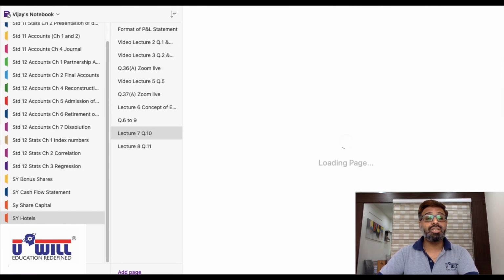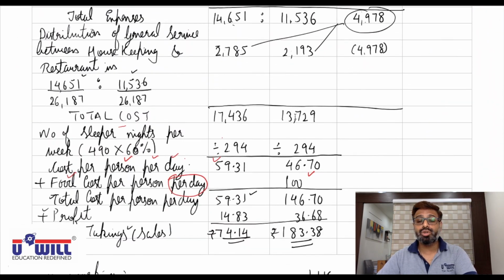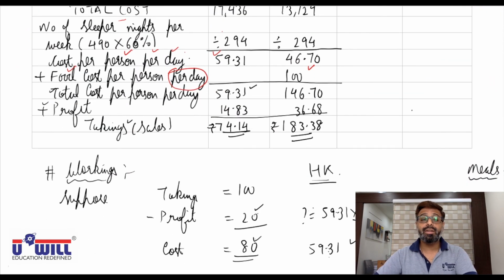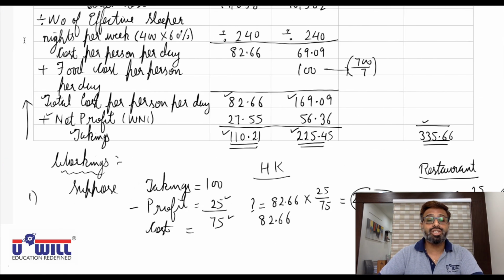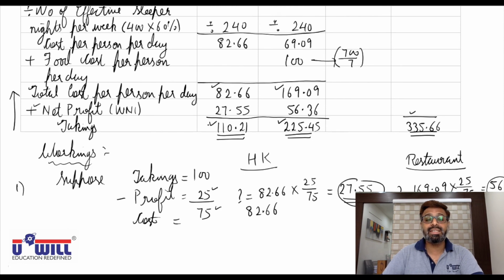I guess in the last question, if this total is not done, there also you do this total. 74.14 plus 183.38, so in that question also, in the total, all of you show 257.52 must be charged total per person per day, if they come for food as well as accommodation, lodging as well as boarding. And in the homework question also, all of you do this. Correction means addition. Total amount should also be okay.